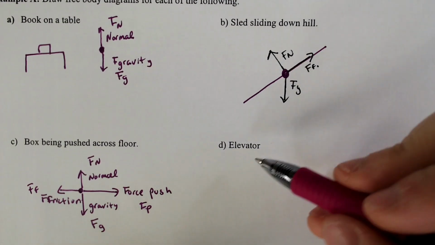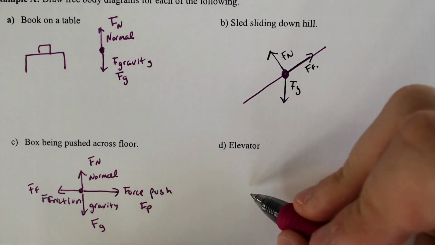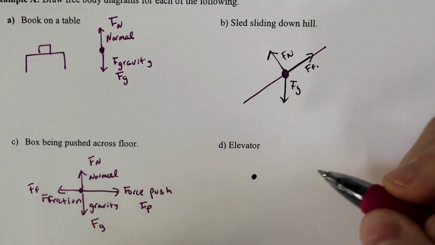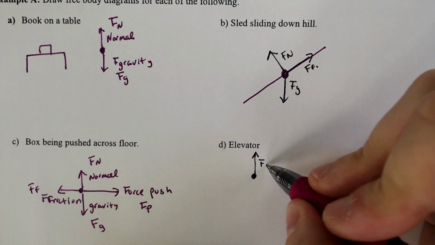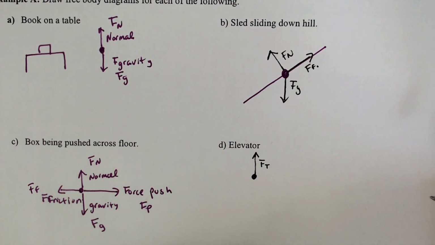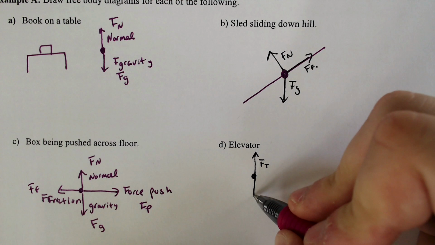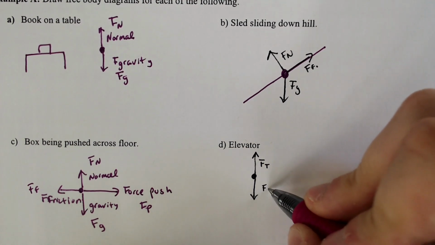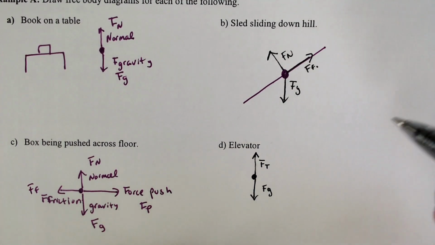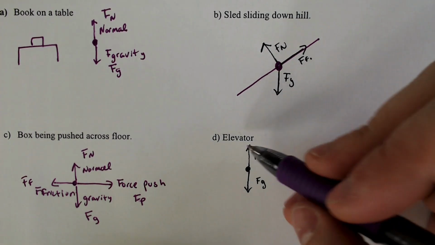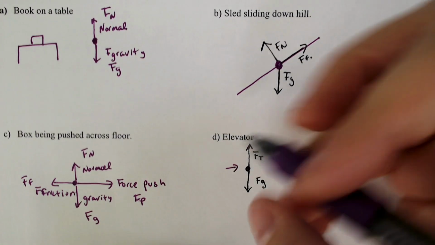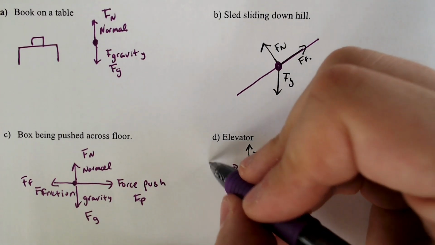Okay? An elevator. An elevator, we have a dot for the elevator. We have the tension, force of tension of the cables and strings and stuff like that cause the elevator to not plummet to the ground, and that is battling the force of gravity. Now, depending on how we wanted to go up or down or stationary, this guy where I got my vectors equal, this would be stationary.